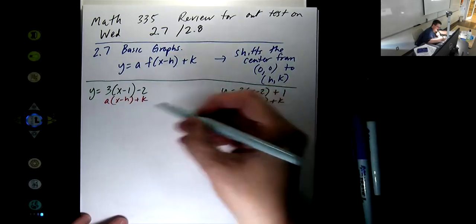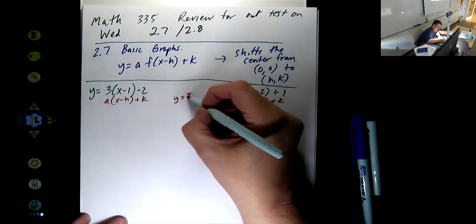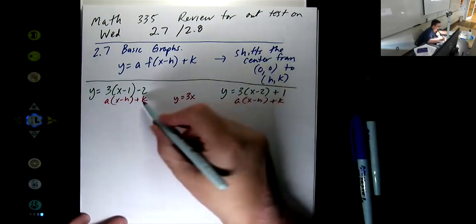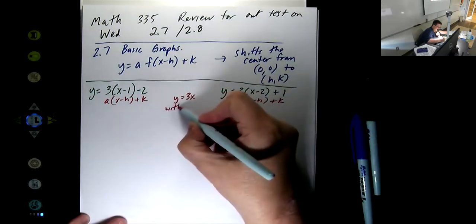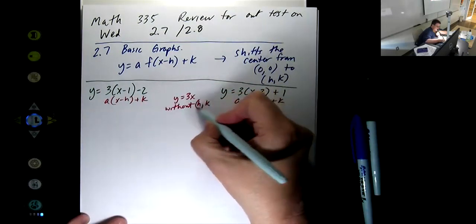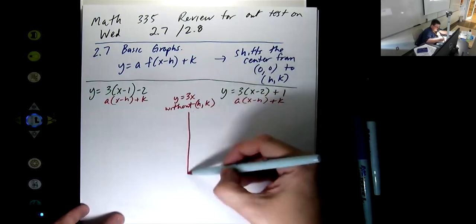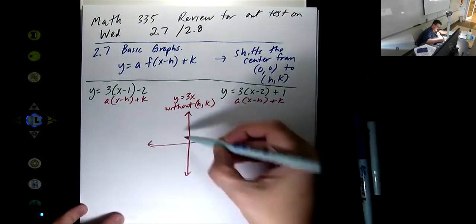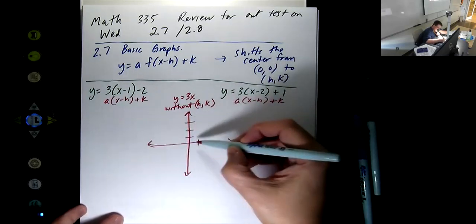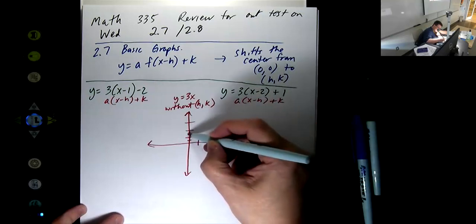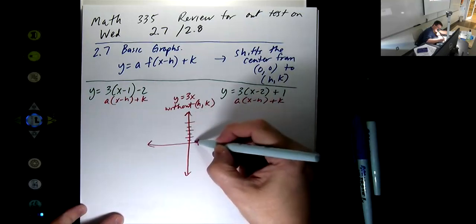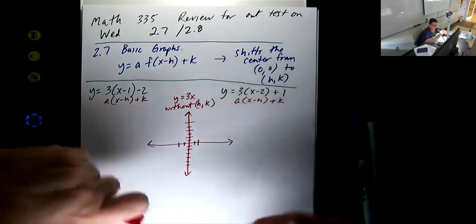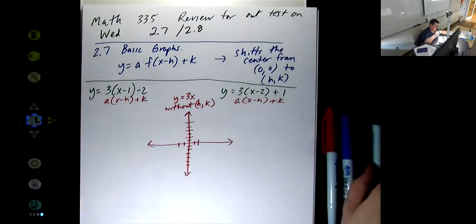So let's take a look at y equals 3x. That's what we have without the h, k.